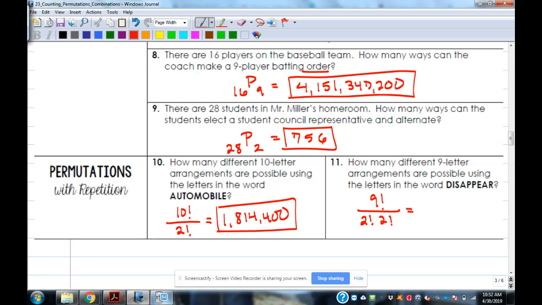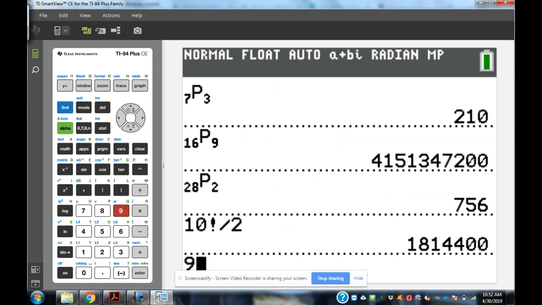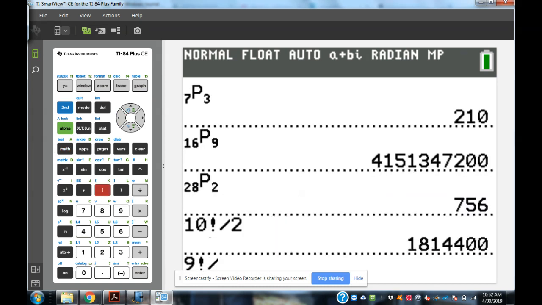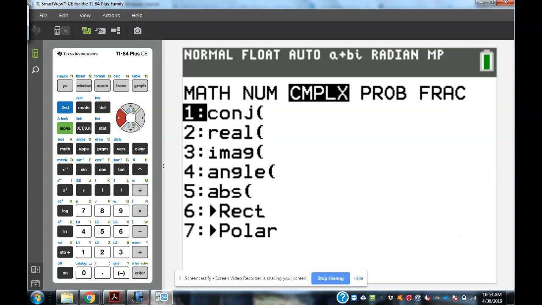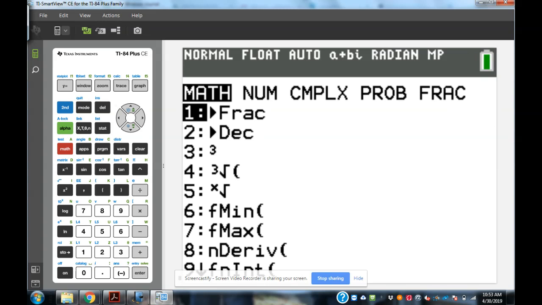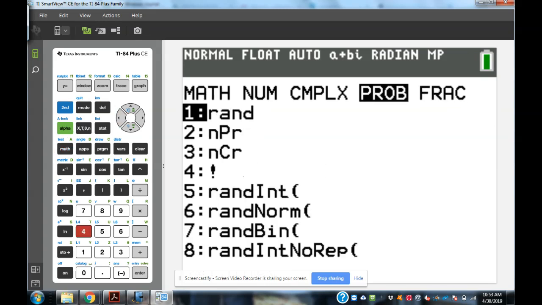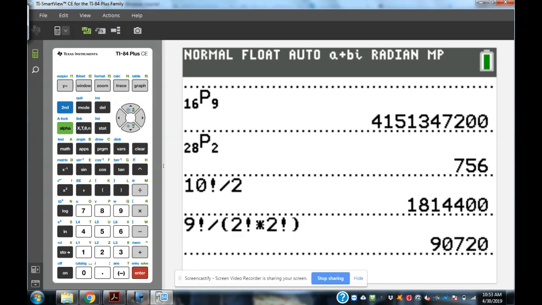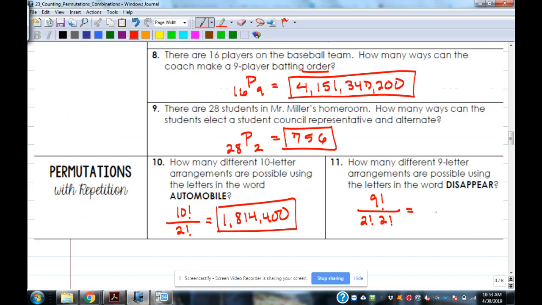So 9 factorial divided by, and put parentheses around your 2 factorial times 2 factorial. 90,720 different ways to arrange.